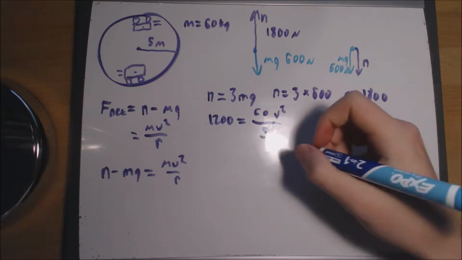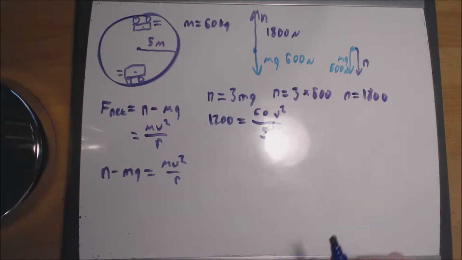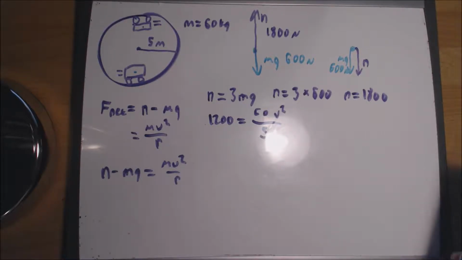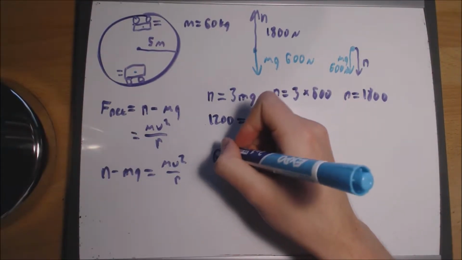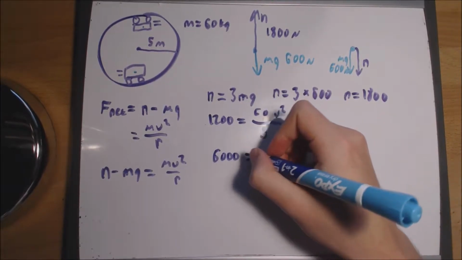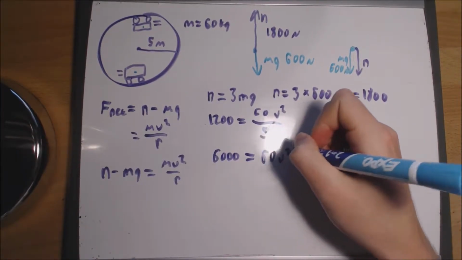Yeah, we can work this out. 5 times 1200, let me plug this in. 5 times 1200 is 6,000 equals 60 v squared.